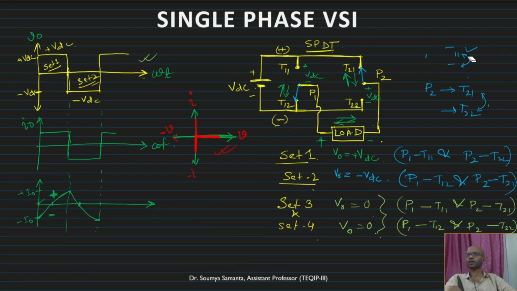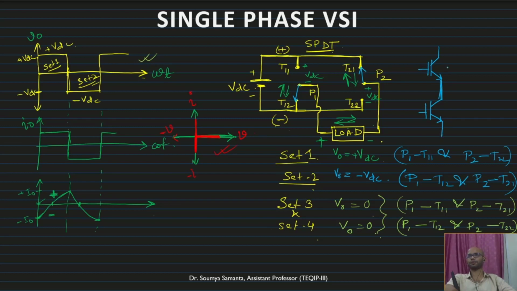Now let us erase this part and understand the switching pattern. Now if I draw the same switch, this is an IGBT with anti-parallel diode.